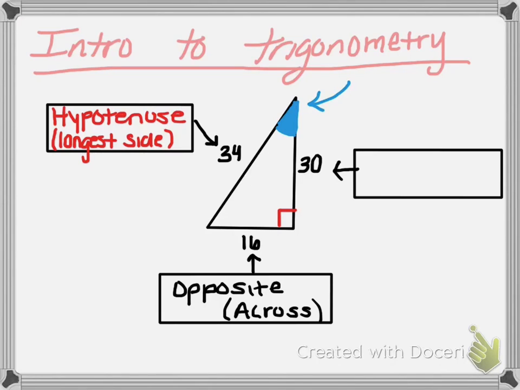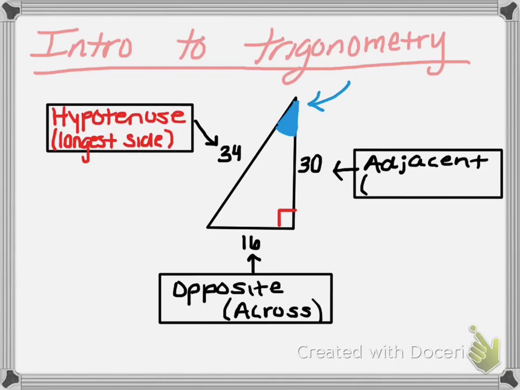The hardest one to identify is called the adjacent side, which is why I always save that one for last. So we know opposite is 16, hypotenuse is 34, but the adjacent side is 30. You may have heard of the word adjacent before. Adjacent just means next to, and 30 is really that side that sits next to your angle.